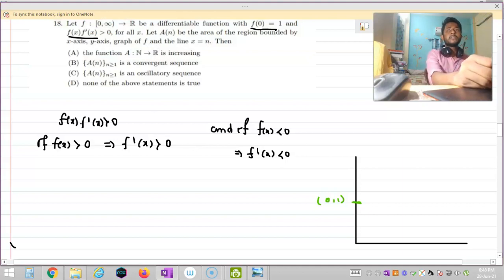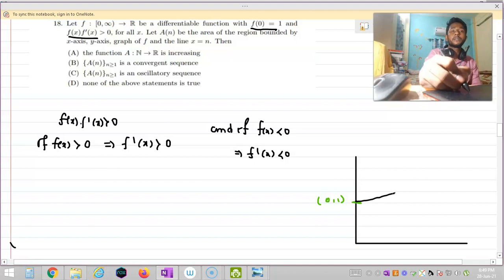As f is differentiable, f is continuous, so f is continuous at 0 and the right hand limit of f tends to 1. Hence f is positive, and as f is positive, f' is also positive. So f is an increasing function, and the graph of f looks something like this.